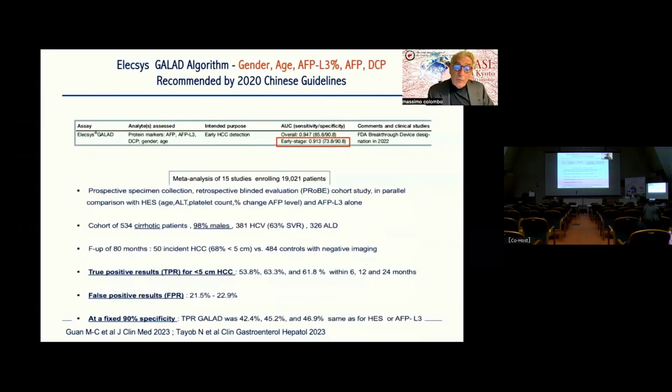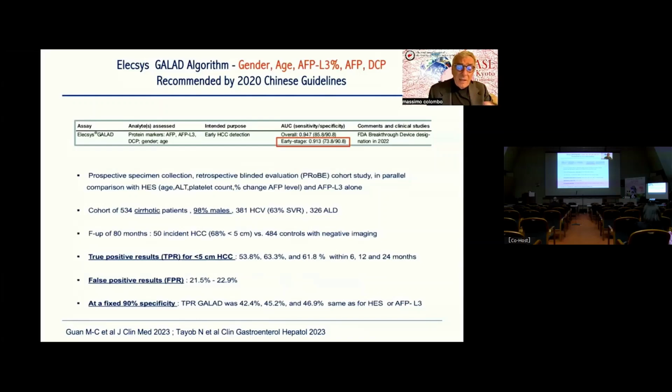However, moving from this meta-analysis to a study in a cohort of patients at high risk of developing cancer, like the veterans, that are all males. They have cirrhosis related to multiple risk factors: alcohol, obesity, diabetes, hypertension, drug abuse, and viral hepatitis.